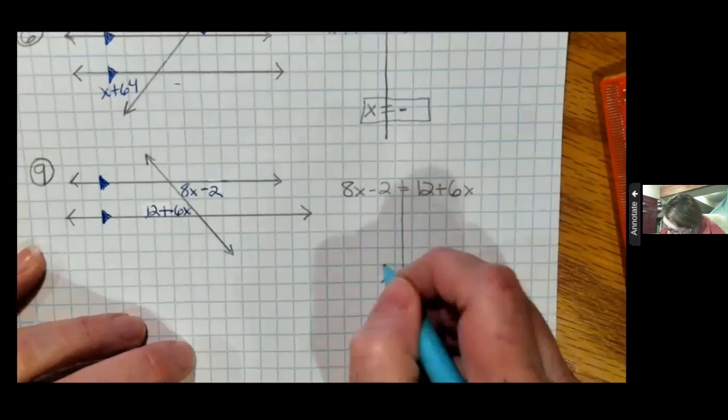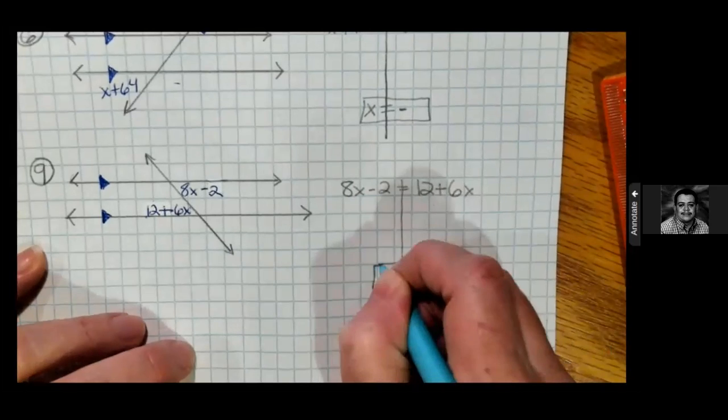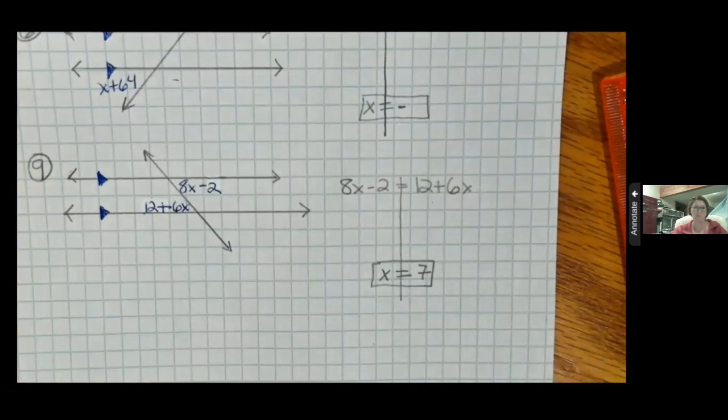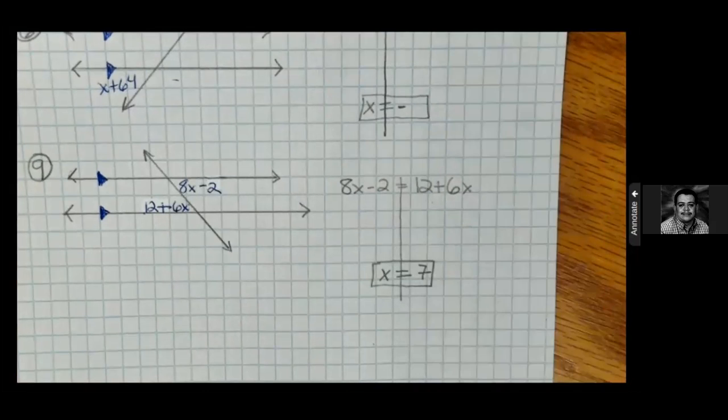I think that's right. Yeah, that's right. So x equals 7. So you do the rest. They have that one, you have to decide if they're congruent or supplementary.